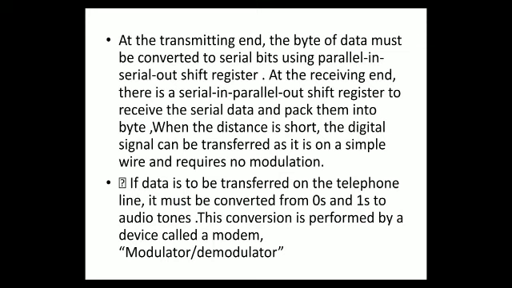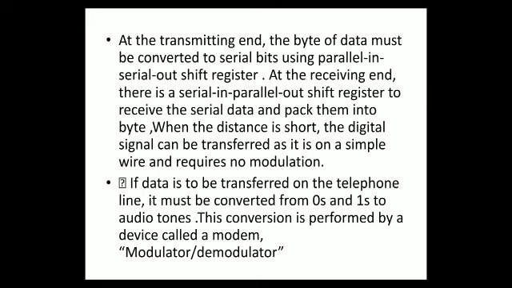Okay, at the transmitting end, the byte of data must be converted to serial bits using a parallel in serial out shift register. So how do you do a normal or real time data transmission? How do we do it in today's technology? As we know, serial has its own advantages and parallel communication also has its own advantages. So why can't we combine them?